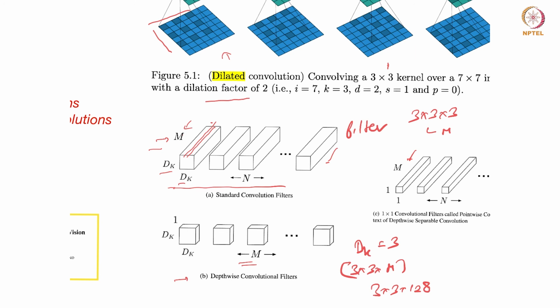If you want to combine the information across channels, then you would do these 1 cross 1 filters, n of them, because you want to get the same dimension.